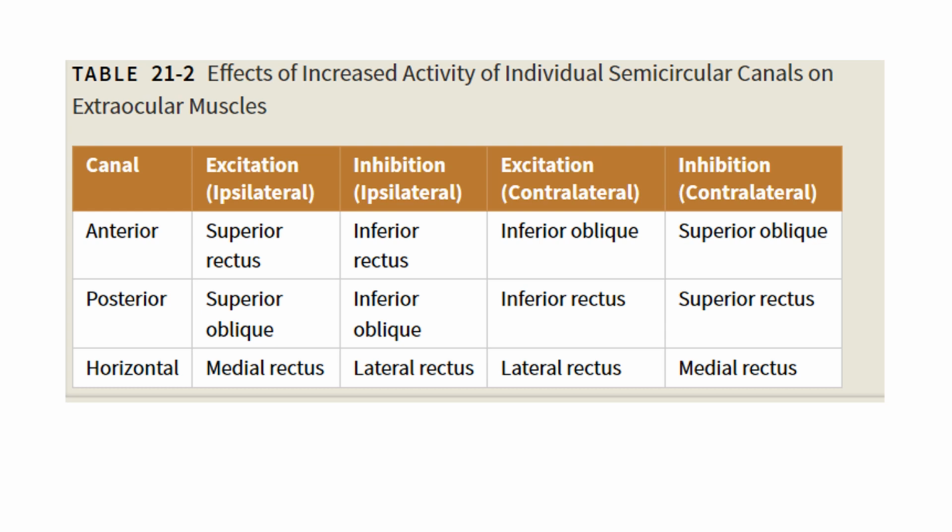So if it's right posterior ear, it would be the left eye superior rectus. That's how we read this chart. Okay, so horizontal, ipsilateral medial rectus is excited. Lateral rectus would be inhibited. Opposite lateral rectus excited, opposite medial rectus inhibited.